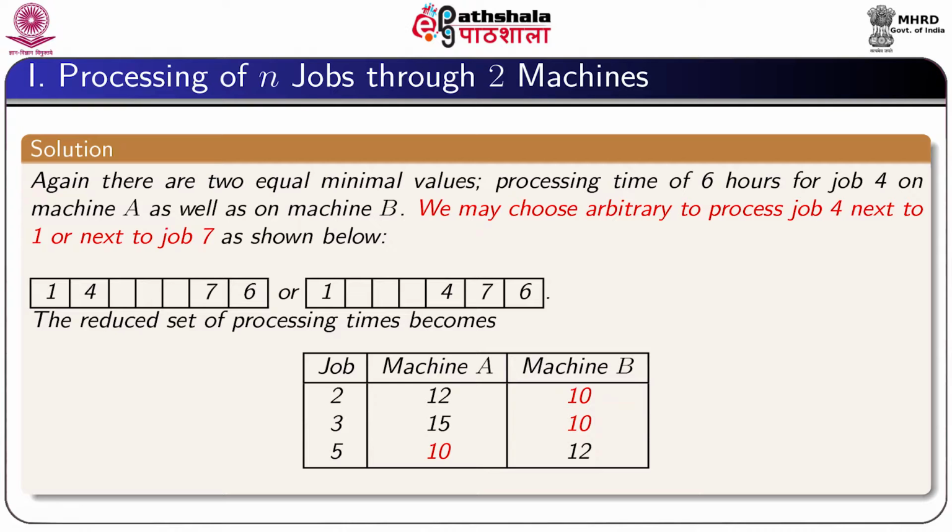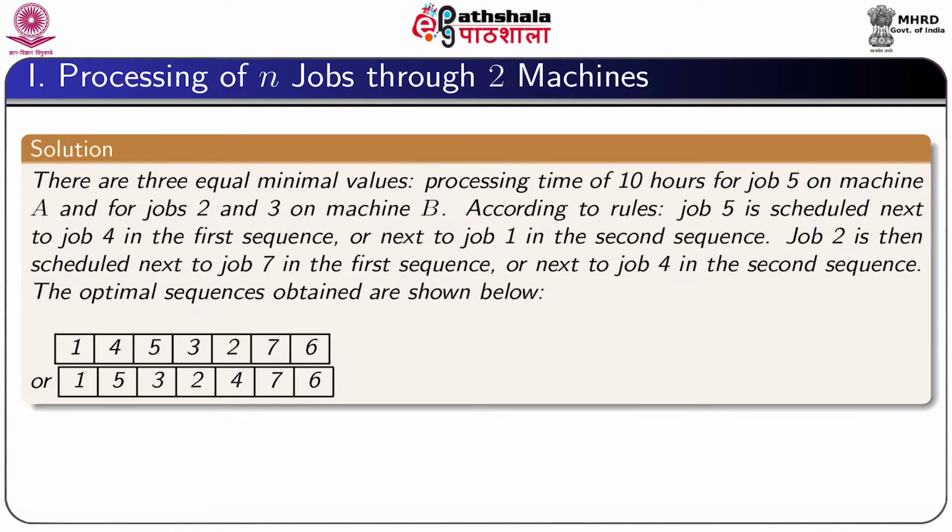We have now 3 jobs, 2, 3 and 5, and the minimum processing time is 10, which corresponds to job 2 on machine B, job 3 on machine B and job 5 on machine A. According to the rules, job 5 is scheduled next to job 4 in the first sequence or next to job 1 in the second sequence.